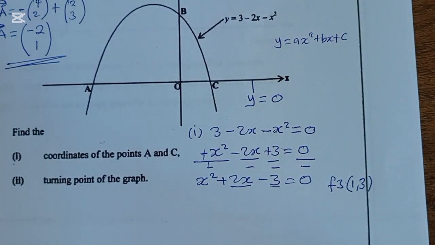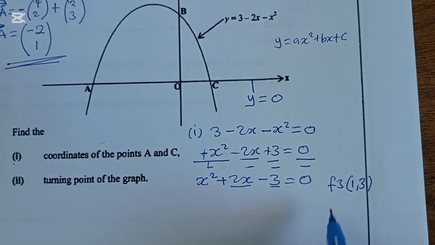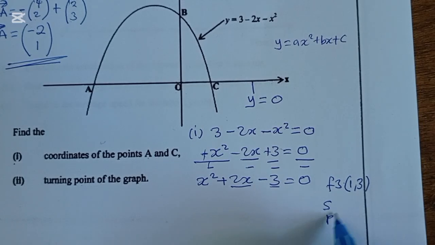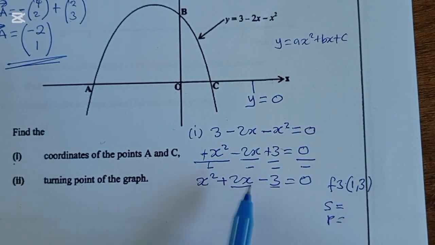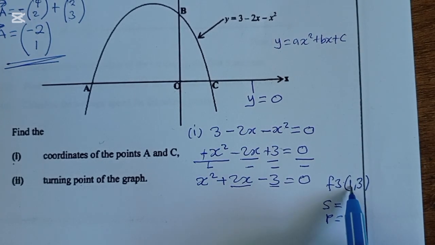So these are the factors of 3. So 1 times 3 is 3. From these two numbers, we will add them so that we have positive 2x, which is the sum. So for me to have positive 2x, it is going to be 3 minus 1, which is 2.